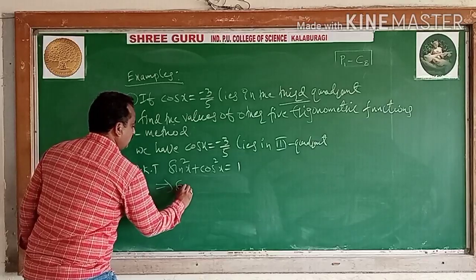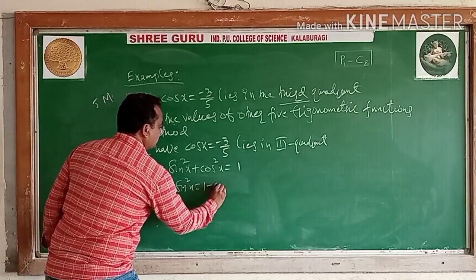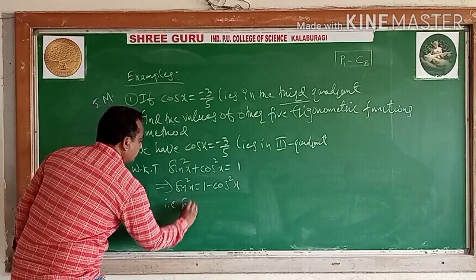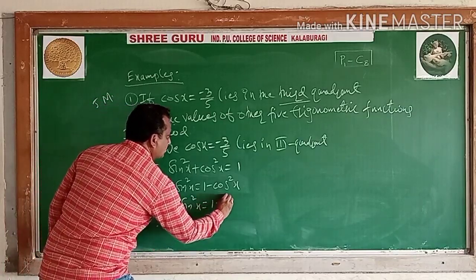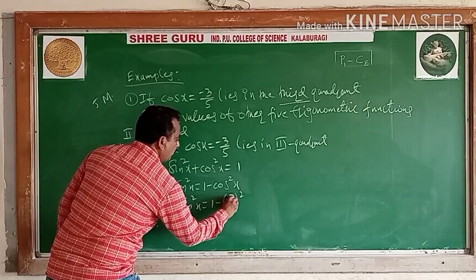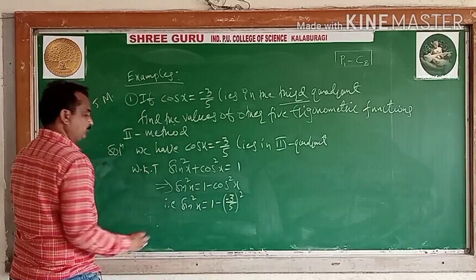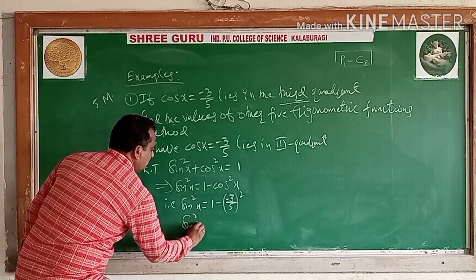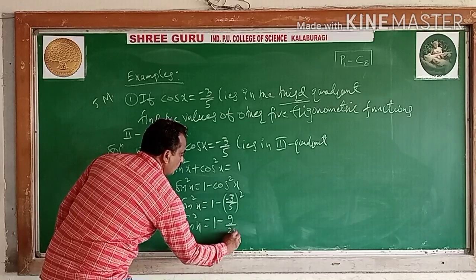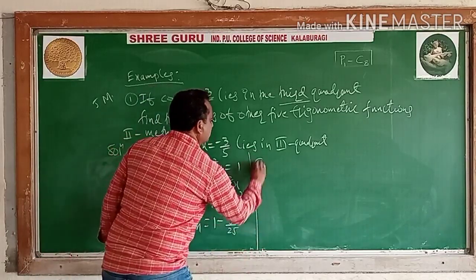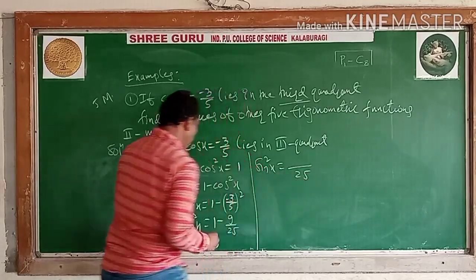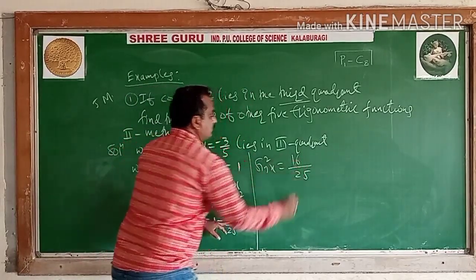Yes. So sin square x equals 1 minus cos square x, that is sin square x equals 1 minus (3 by 5) square. See, students, how much it becomes? Simplification: 25 is the LCM, 25 minus 9, 16 by 25.